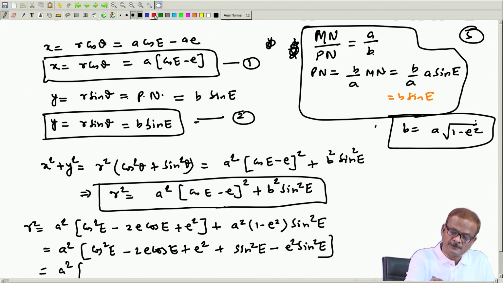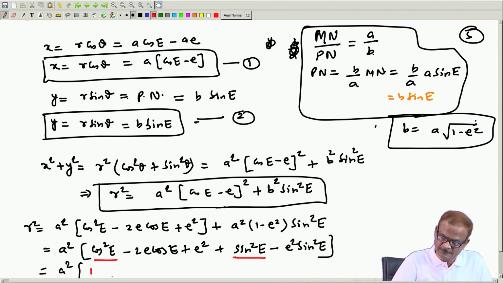So now the terms cos square E and sin square E added together become 1. So we write here 1, and then the rest of the terms we have to write here. This term and this term combined together: e square can be taken outside and we can write plus e square times (1 minus sin square E).